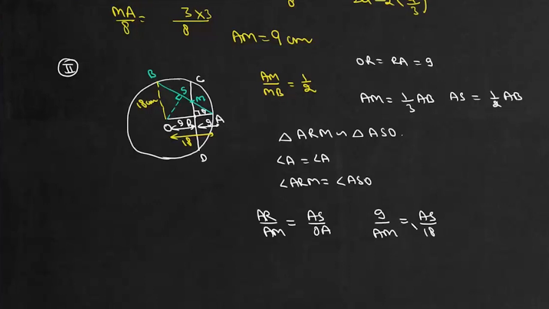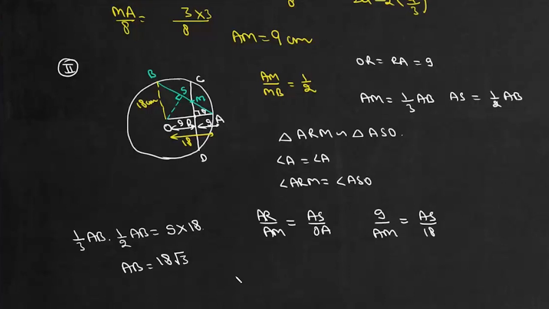Now AM is 1 by 3 AB, so it will be 1 by 3 AB into AS is 1 by 2 AB and it is 9 into 18. So this AB will be 18 root 3.